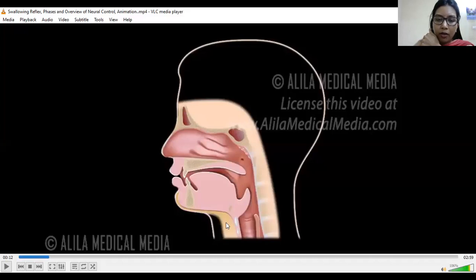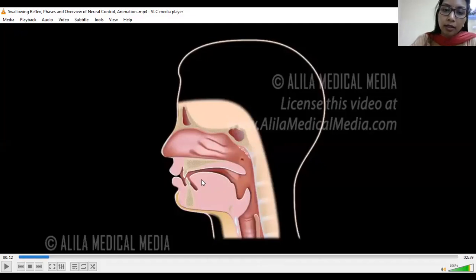This will be your vallecula. Then this is the epiglottis. The pink structure is your esophagus. Here, this will be the trachea. This is your vertebral column. So these are the anatomy that is present here. Just observe the movements of these structures.